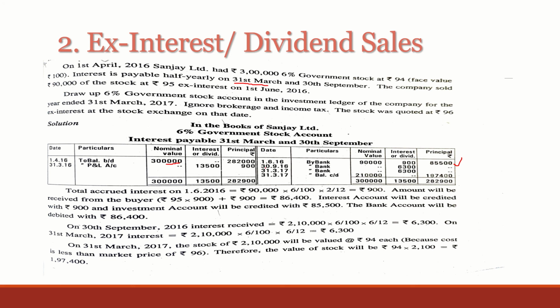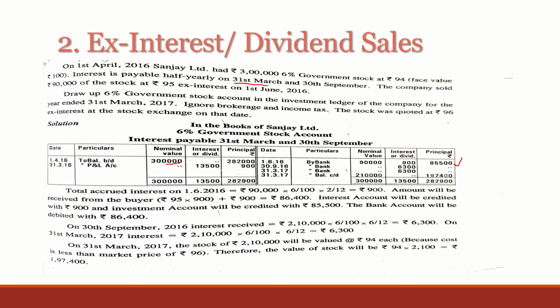Now we have to record the interest amount that is due on 30th September 2016. So 30th September 2016 by bank. How to calculate the interest amount? From 3 lakh rupees, 90,000 were sold. So the balance amount is 2,10,000.